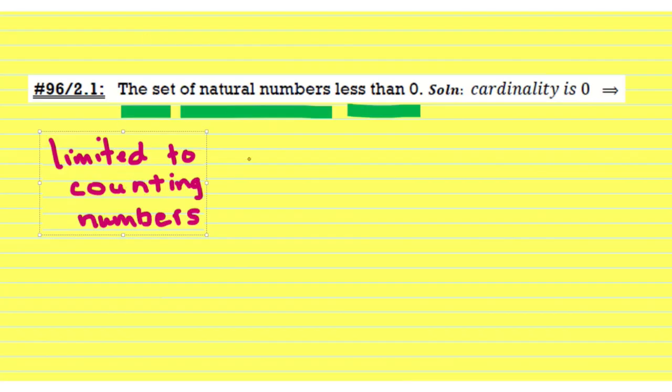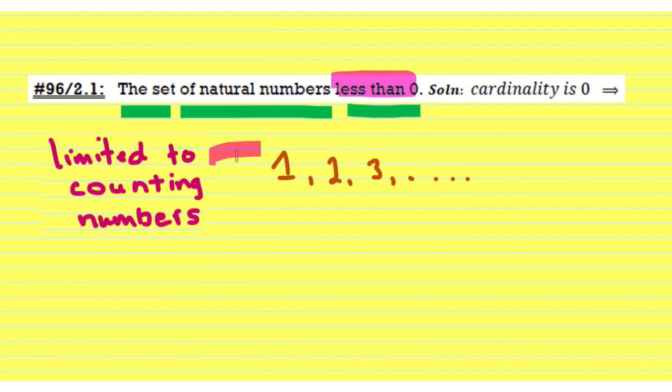So the counting numbers begin with 1 and 2 and 3, and then they go on forever in a positive direction. But they want us to look at the set of natural numbers that are less than 0. Well, are there any numbers on the negative side or less than 0? No, they do not exist.